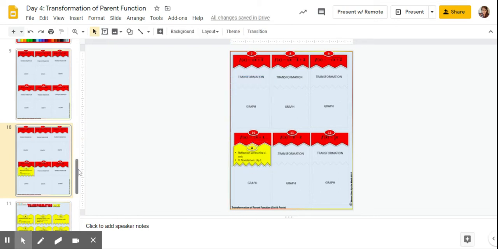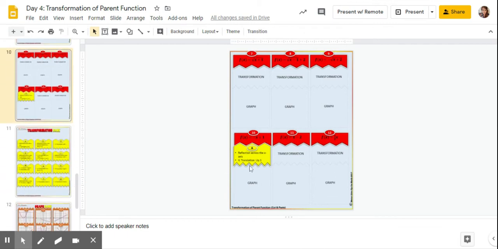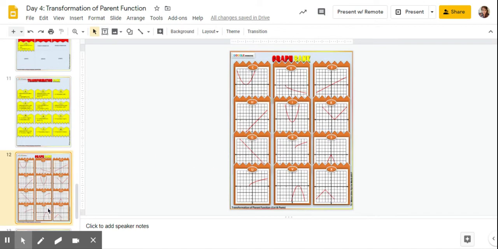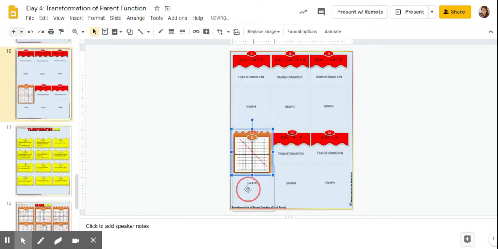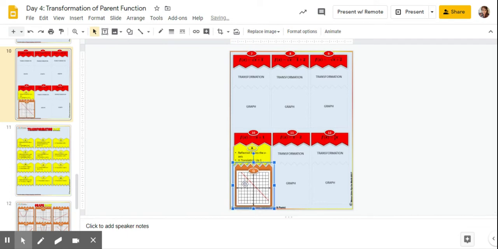It doesn't matter how you do it, as long as you have 1 yellow for each function and 1 graph. So I know this is a straight line. It's a negative slope plus 1. Oh, it's right there. I'm going to copy paste, Control V, and that piece goes right there.